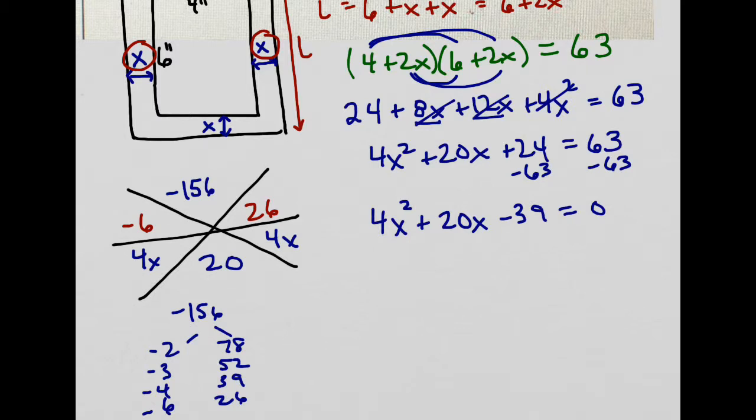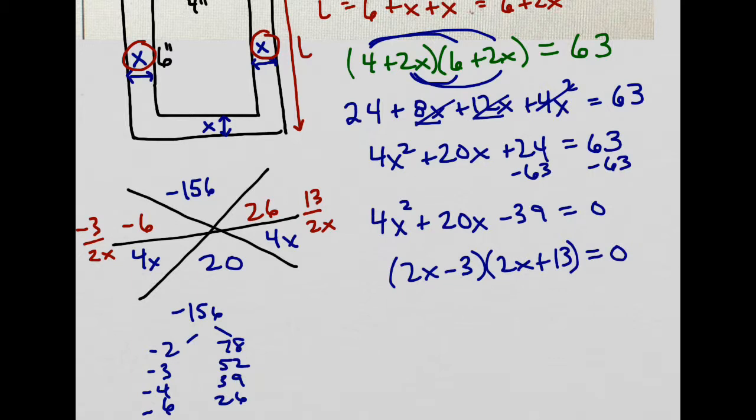So now I just need to reduce my factors. So 26 can be divided by 2, so I'm going to have 13 over 2x. And these over on the left side can also be divided by 2, so I'm going to get negative 3 over 2x. So let's write out these factors. (2x minus 3) times (2x plus 13) equals 0.